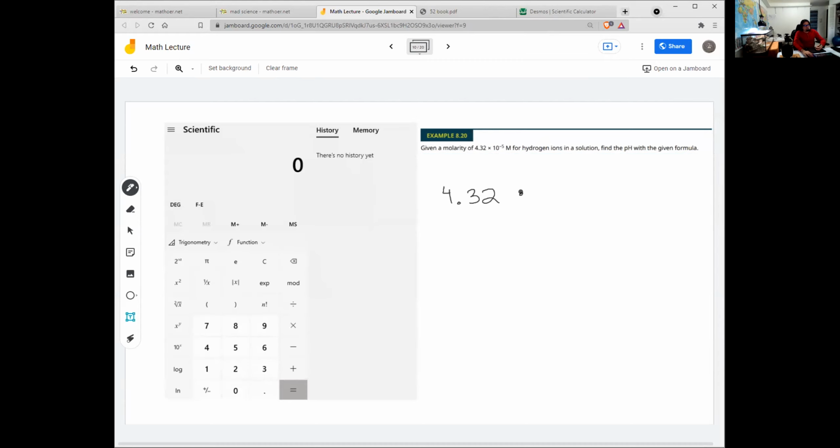4.32 times 10 to the minus fifth. What does that even mean? Well, 10 to the minus fifth would be a 10 with 5 decimal scoots to the left to make something smaller.